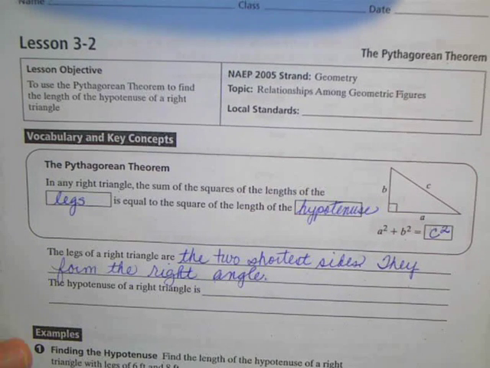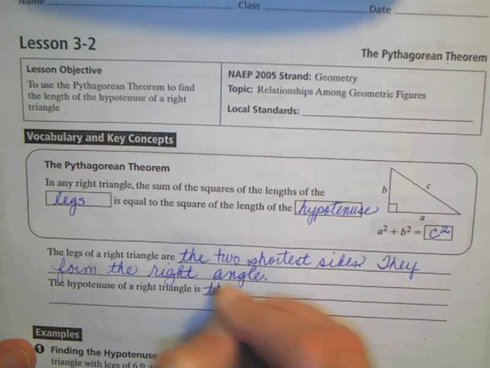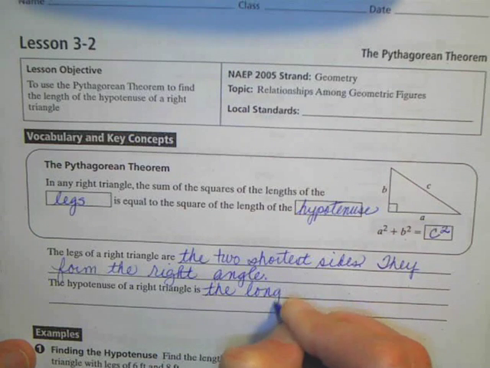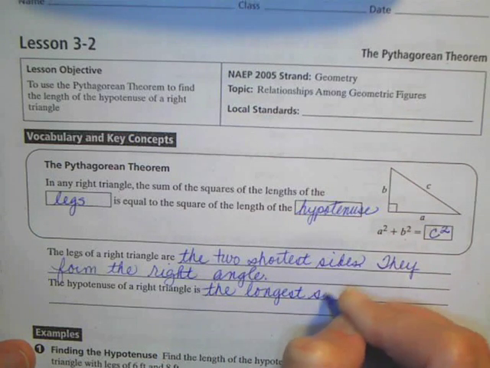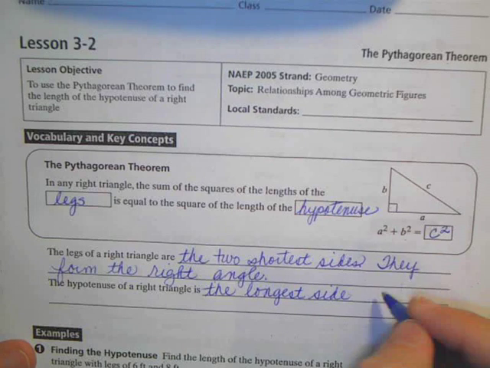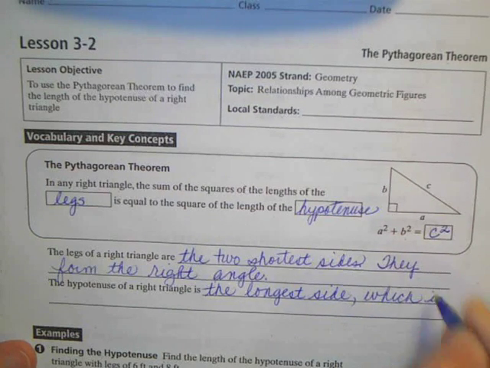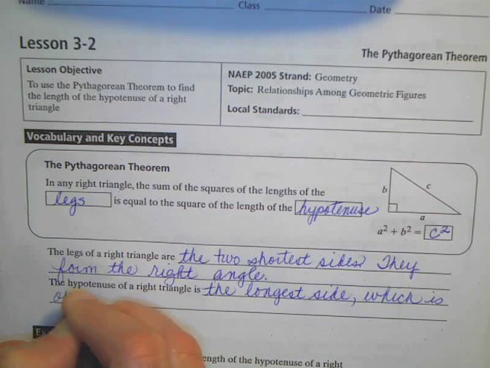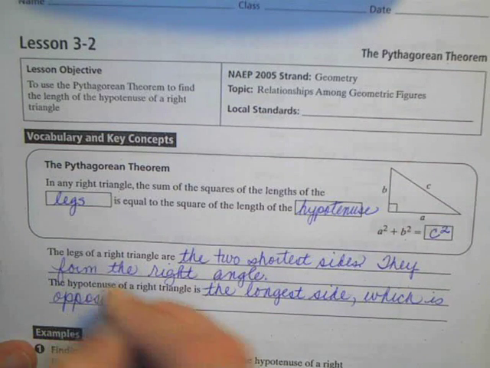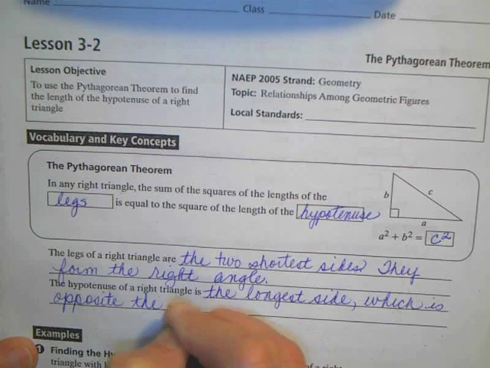The hypotenuse of a right triangle is the longest side, which is opposite the right angle.